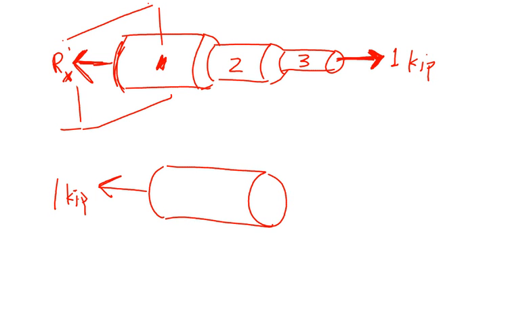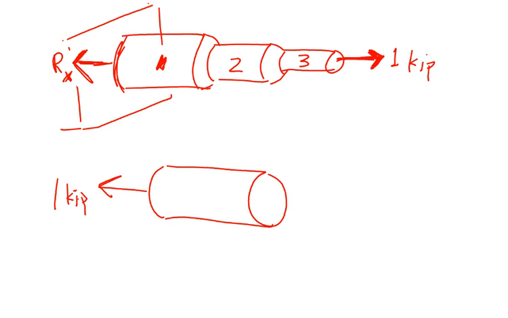One of the most important concepts in statics is that if you have a structure that's in equilibrium, then every single component of that structure must be in equilibrium. Every little piece that you look at in that structure must be in equilibrium. Okay? So if this whole composite structure is in equilibrium, then 1 by itself must be in equilibrium, 2 must be in equilibrium, and 3 must be in equilibrium.